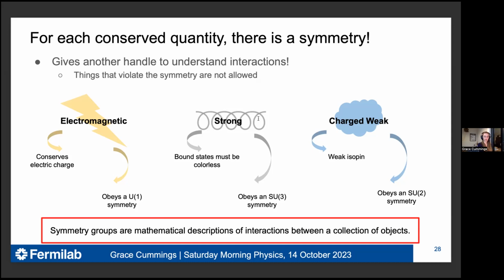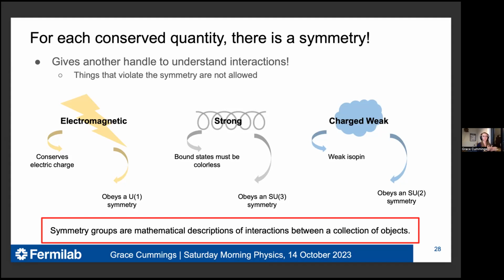For the strong interaction, I said that everything that interacts via the strong interaction has something called a color charge. Bound states must be colorless. In order to have that, it obeys an SU3 symmetry. And then for the charged weak interactions, so anything that exchanges a W plus or minus boson, you have weak isospin, and this obeys an SU2 symmetry.